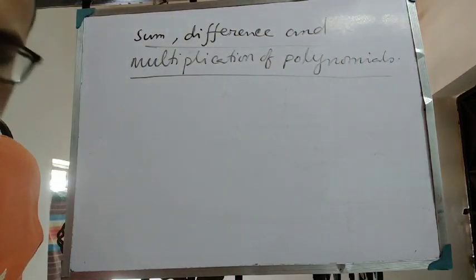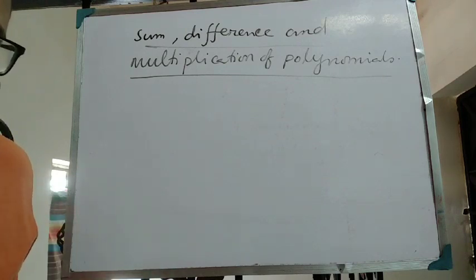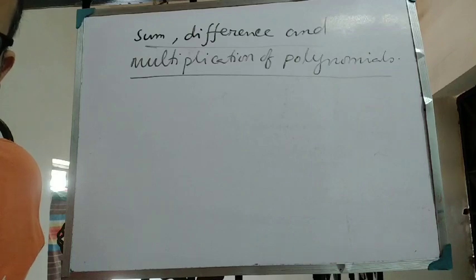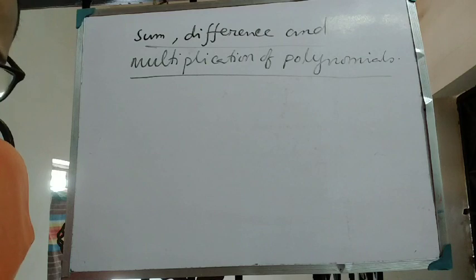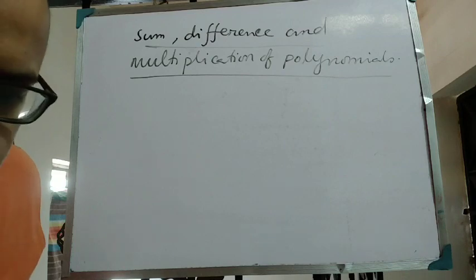It is obvious that when you have two polynomials, let them be g(x) and h(x), then the sum of two polynomials is obviously a polynomial, the difference of two polynomials is also a polynomial, and the multiplication of two polynomials always gives you a polynomial.